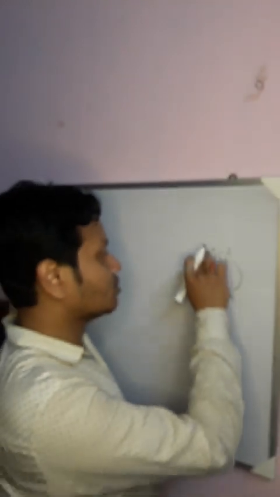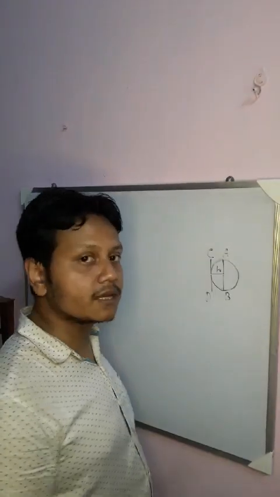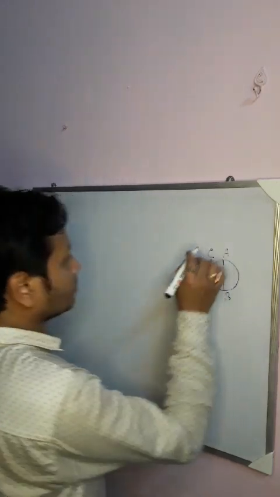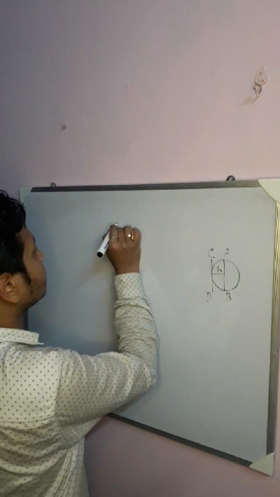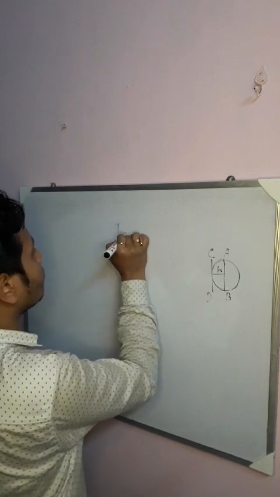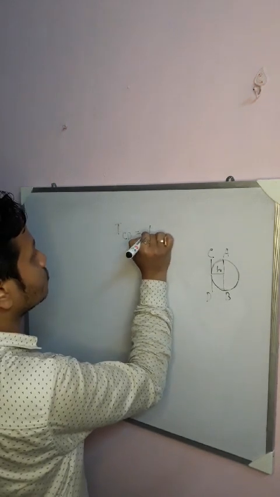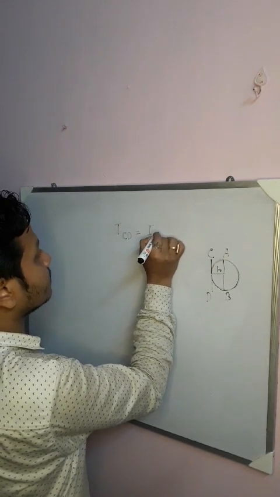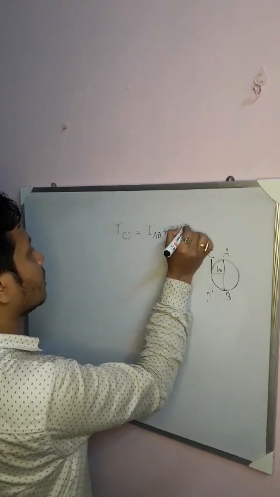This tangent is parallel to the diameter AB. So we call the moment of inertia of the tangent ICD, or you can also write I, no problem. So ICD equals IAB plus M into R square.